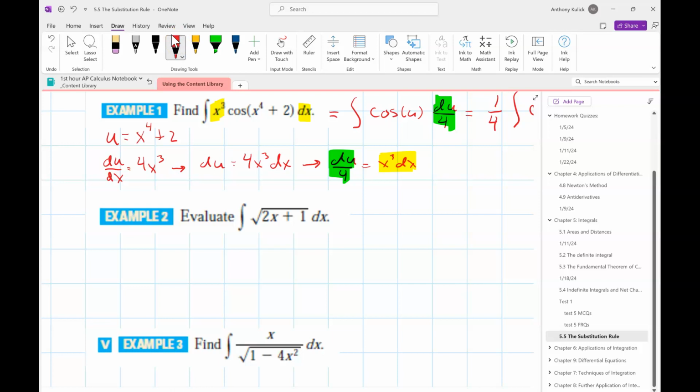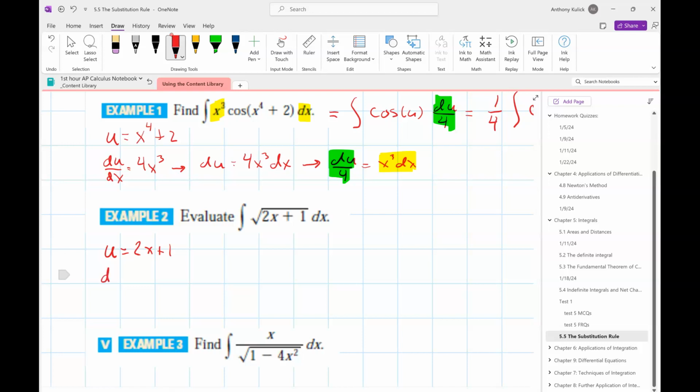Okay. What if we want to do the integral of the square root of 2x plus 1 dx? Again, notice we don't have an antiderivative rule to handle this, right? Because we have one function composed inside of another. What should we let u be in this case? 2x plus 1.